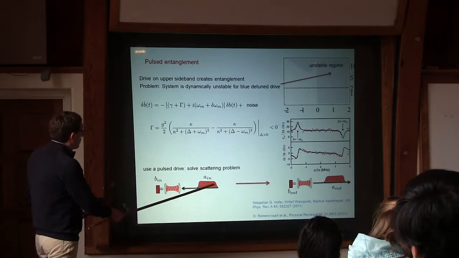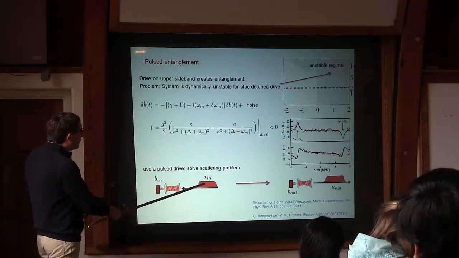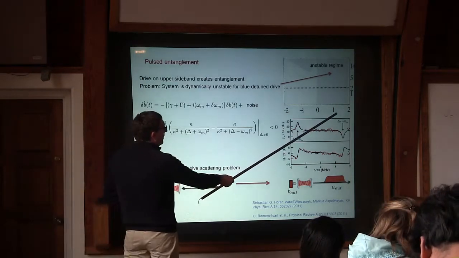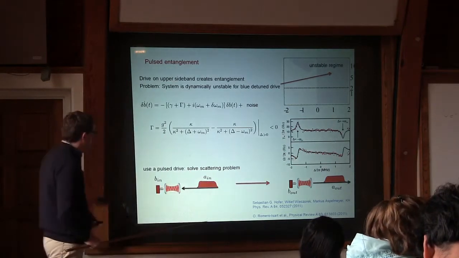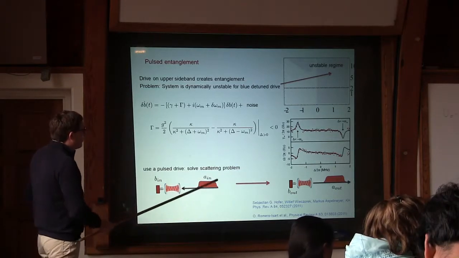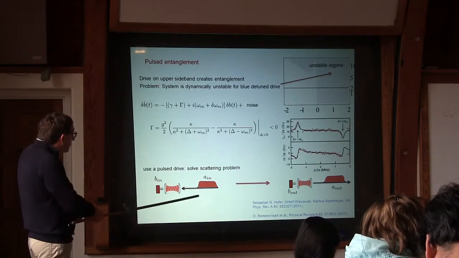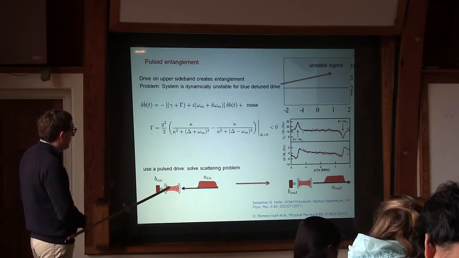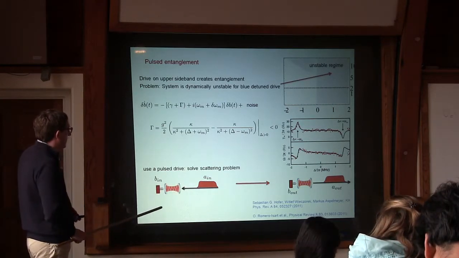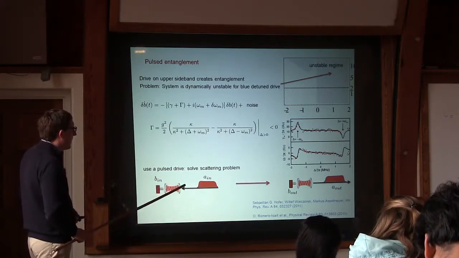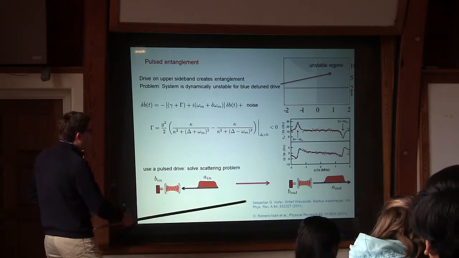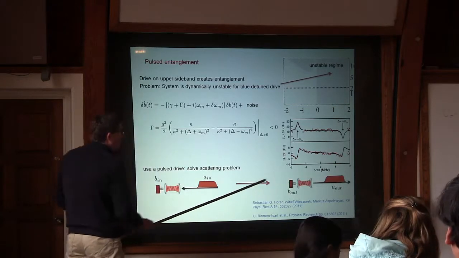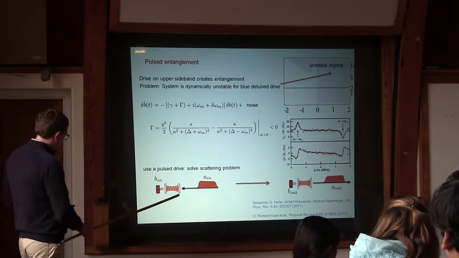We come in with a short pulse, whose central frequency lies at the upper sideband, plus omega m, and we reflect it off the optomechanical cavity, and we solve those effective equations of motion we have derived in that scattering scenario. So we solve the input-output relations for the reflected pulse and the oscillator after the interaction, depending on the input.